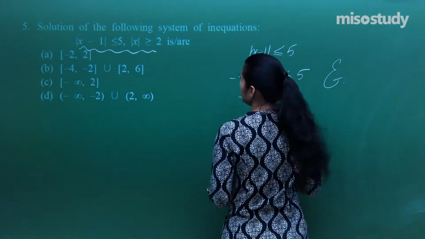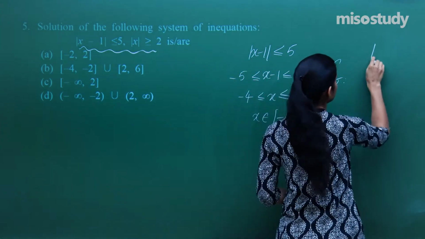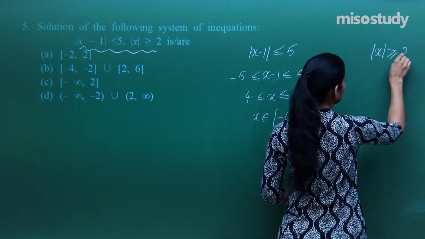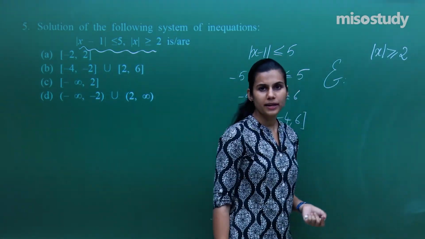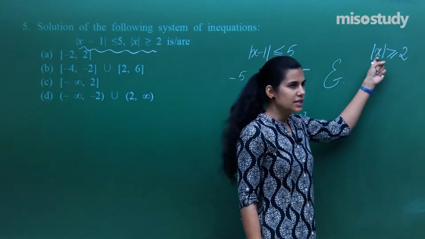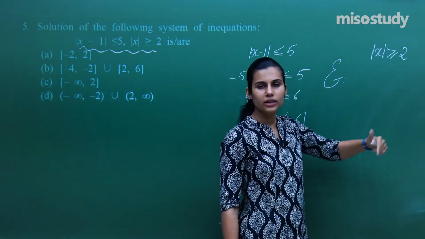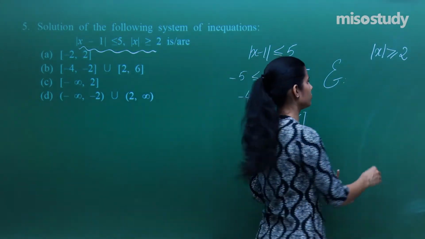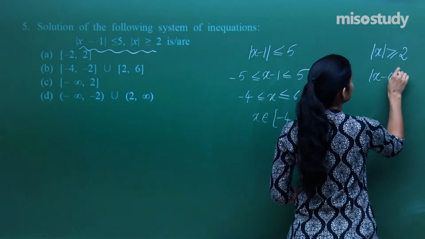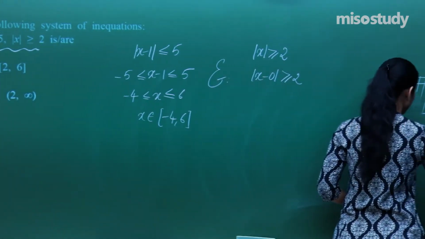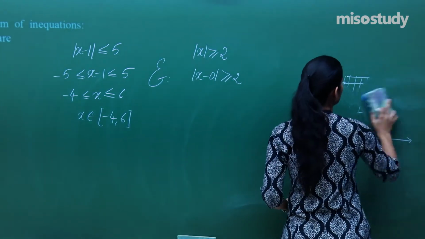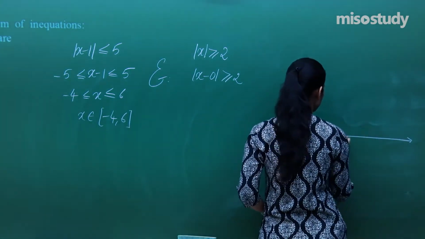And second is mod x is greater than or equal to 2. Mod x is greater than or equal to 2 is interpreted how? That means all those real numbers whose distance from 0 is greater than 2 or equal to 2. So I can write it like this. Now, all the real numbers whose distance from 0 is either greater than 2 or equal to 2.